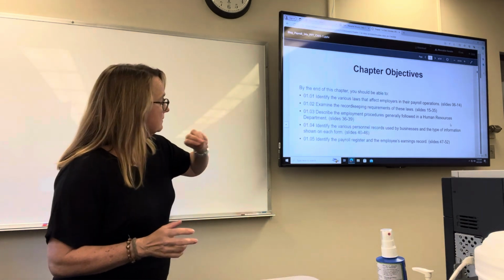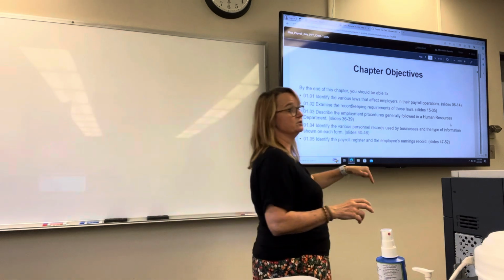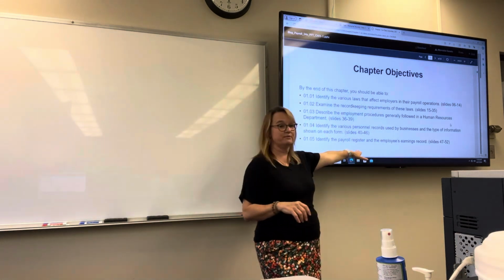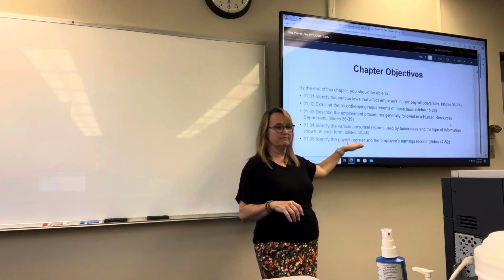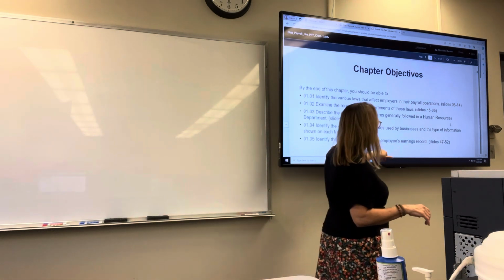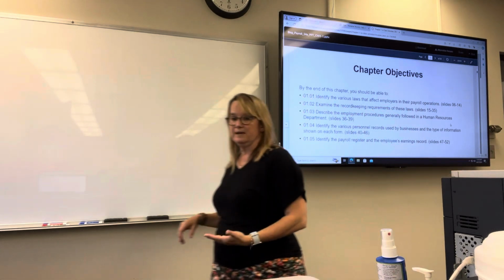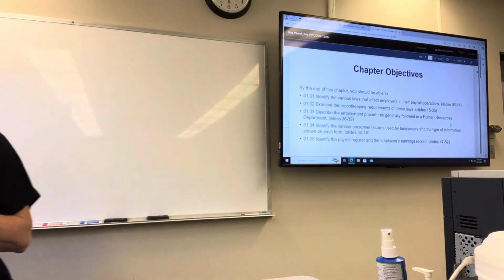There are 2 payroll-centered records that we are going to focus on throughout the semester. You're going to become very familiar with these 2 types of records: the payroll register and the employee earnings record. These 2 are used in the payroll function for multiple purposes.